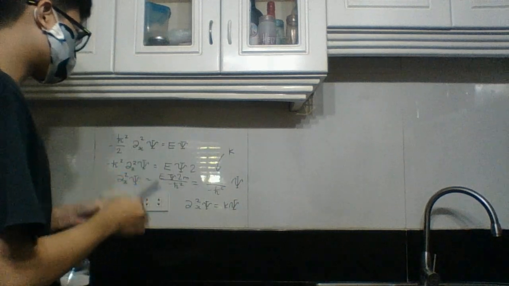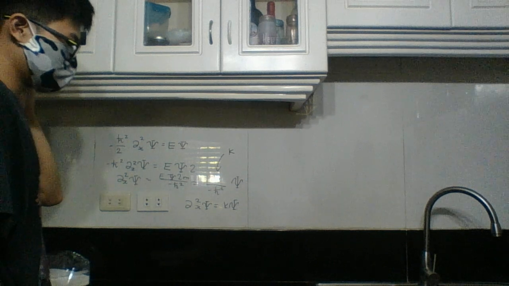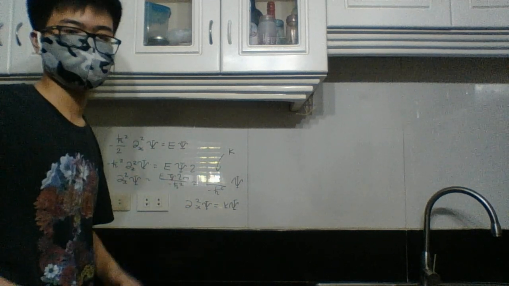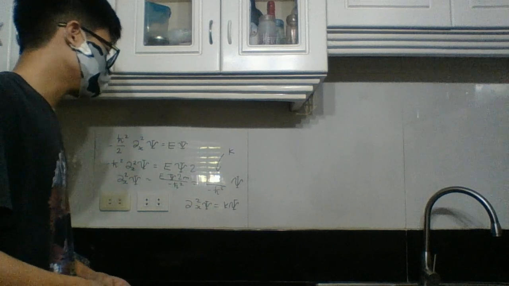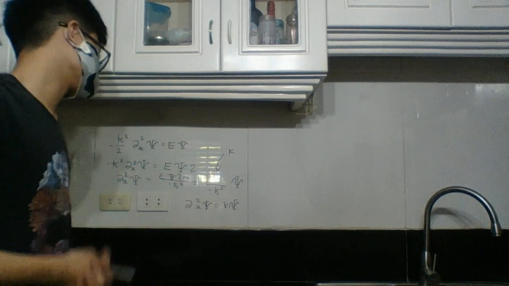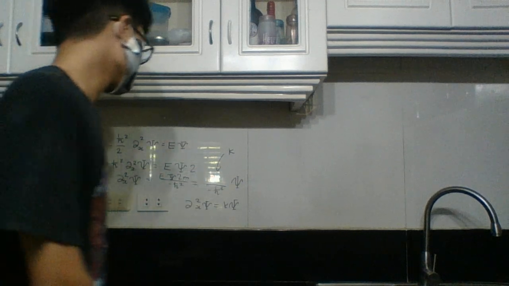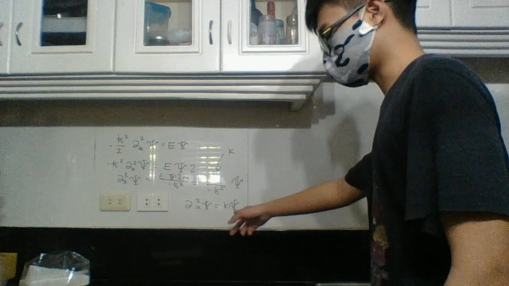So we want a function such that its second derivative is equal to just itself, up to a constant. And that is sine. Sine satisfies this differential equation, so sine is a solution to this differential equation.